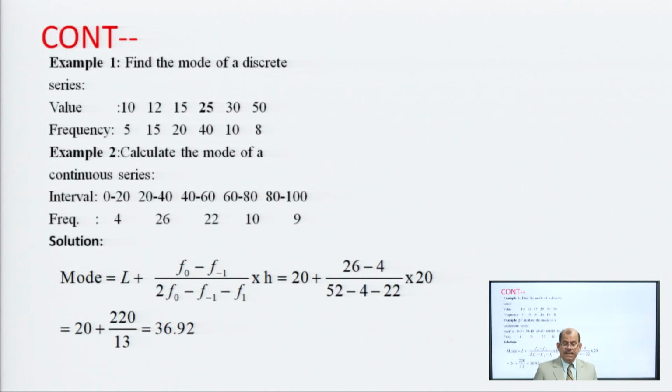Example: find the mode of a discrete series. Values: 10, 12, 15, 25, 30 and 50. Frequencies: 5, 15, 20, 40, 10 and 8. We arrange the given data in ascending order.